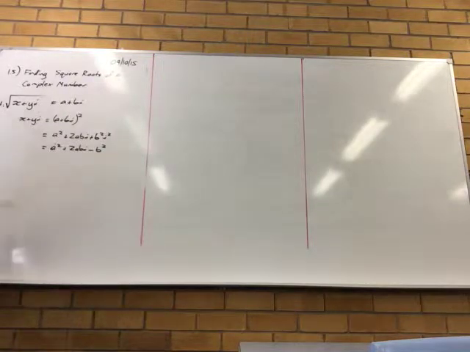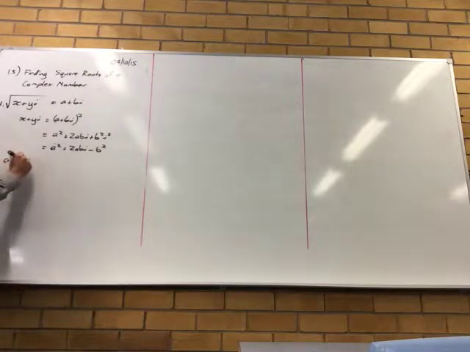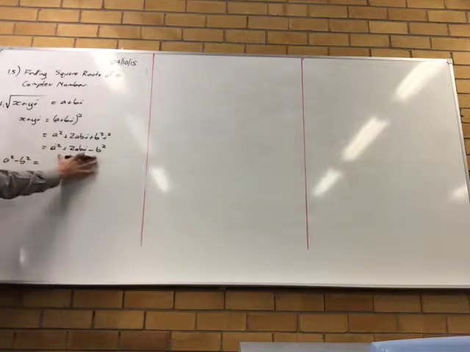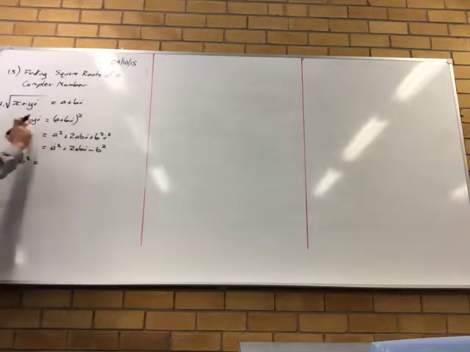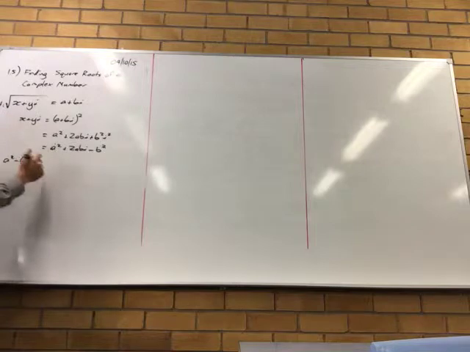Okay, so that means we can now match the real part and imaginary part, using the equality identity. So your a squared take away b squared, the real part, must equal the real part of this side.